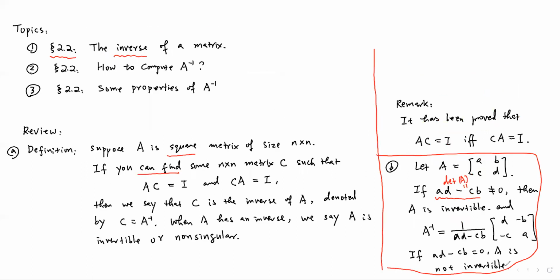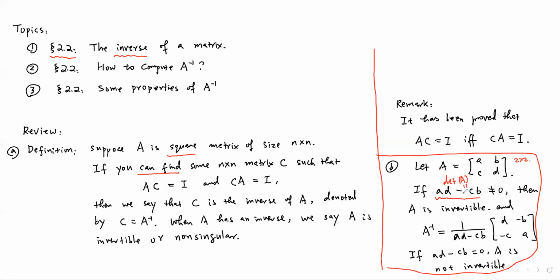Okay, for a 2x2 matrix, we can determine if the matrix has an inverse by looking at this number. Then, how about for a general n by n matrix?